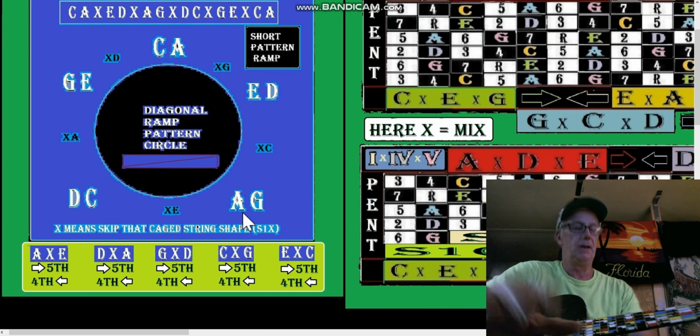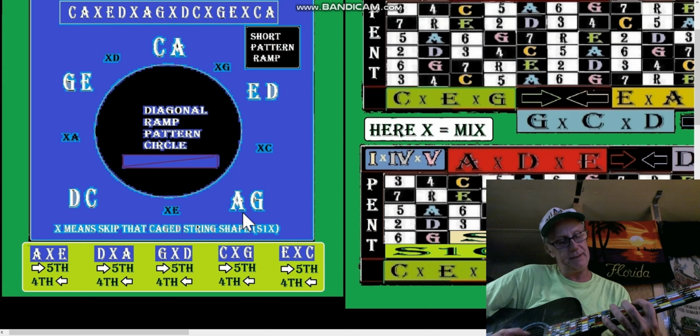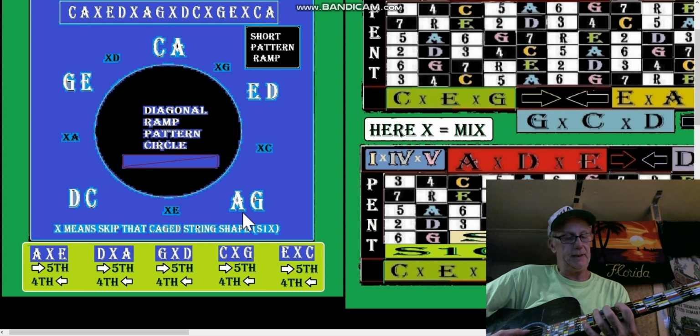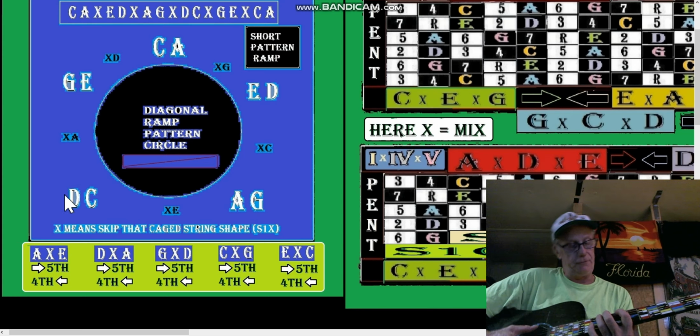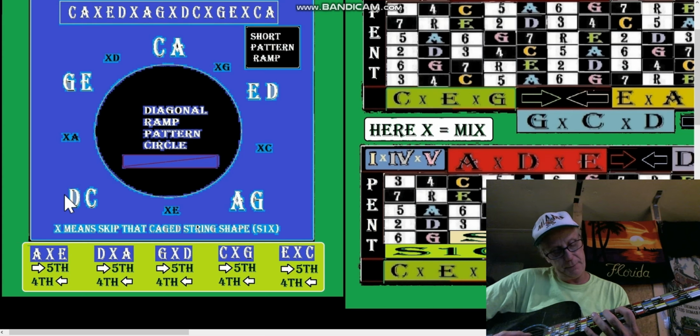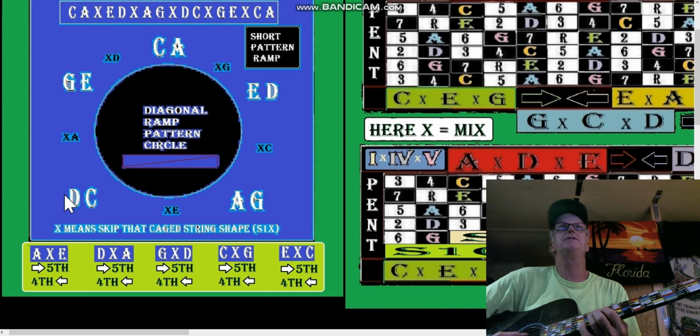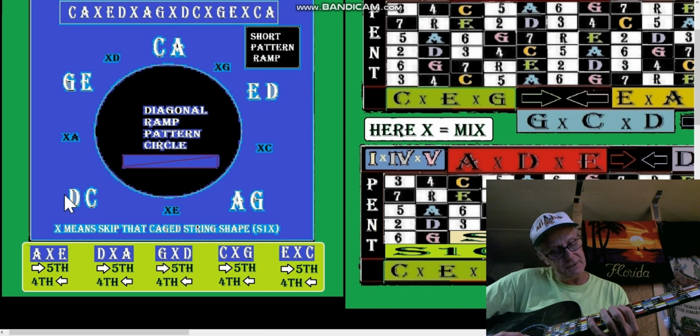This is where it messed up. Wait. Alright, so we started with the A, and then A to the G, right? Starting on this, then we go to the fourth of the A, which is the D shape. D shape goes to C shape. Now the fourth of the D is the G shape. Okay? Remember, D goes to C shape.